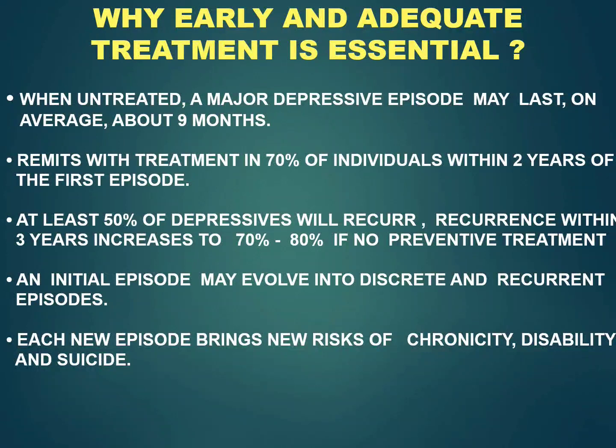Initial episode may evolve into discrete and recurrent episodes. Each new episode brings new risks of chronicity and disability and suicide. So hence treatment is a must, essential, as soon as possible.